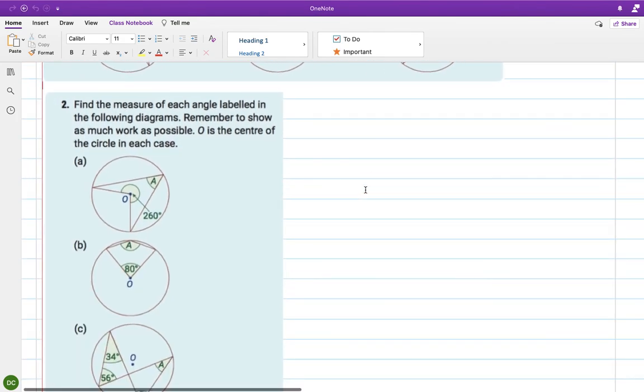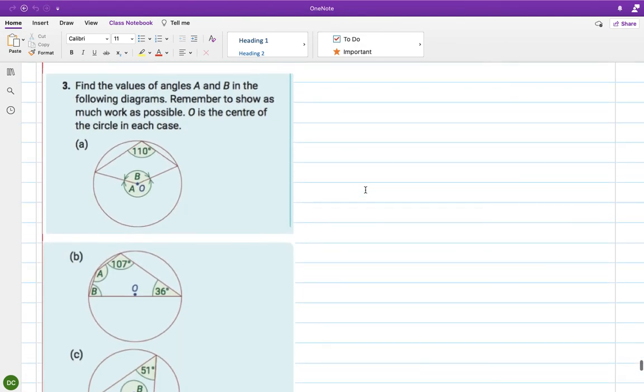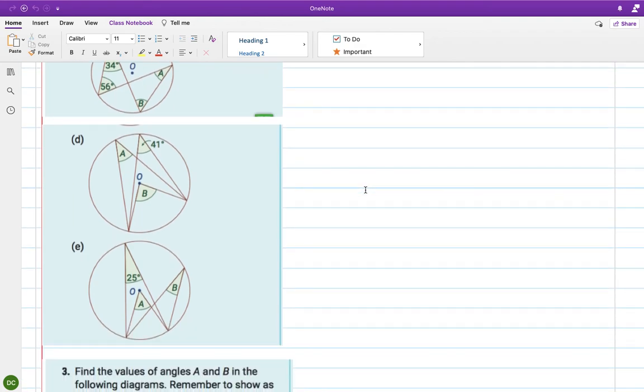What will we do? What about these two? I don't want to do loads for the sake of doing loads, so I'm just trying to pick the good ones. So these two.